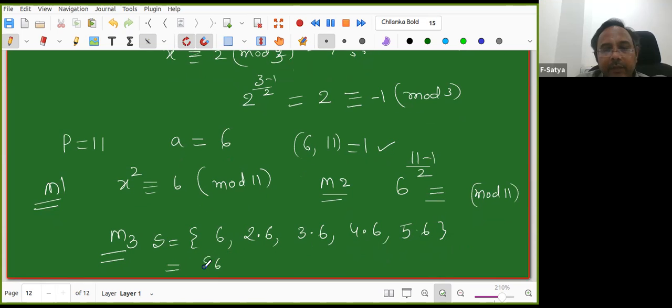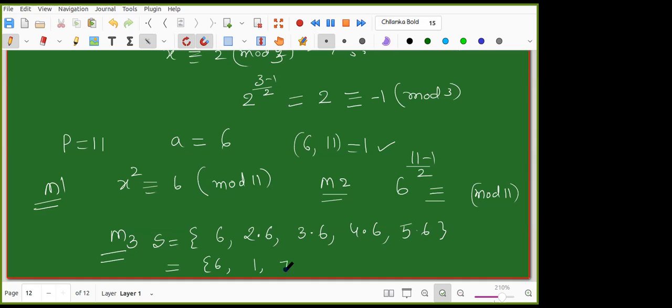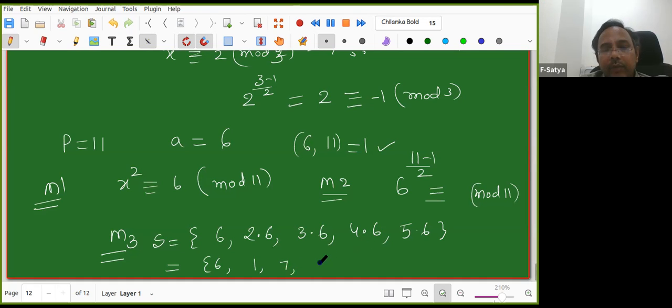Now I should not stop here. I have to take the remainders. So 6. Now what is 2 into 6? 12. But I have to take the remainder. So 1. 3 into 6 is 18, so the remainder is 7. 4 into 6 is 24, so 2.